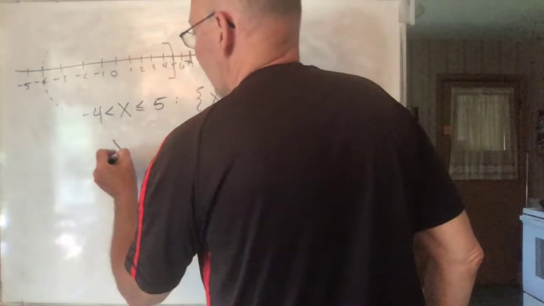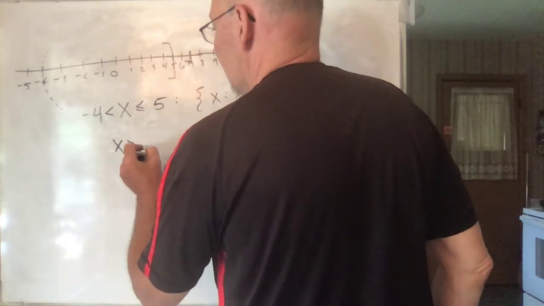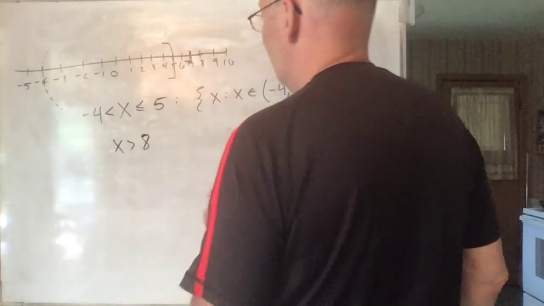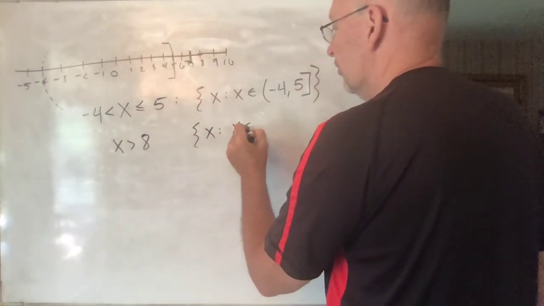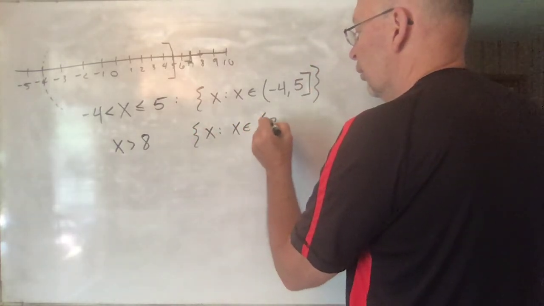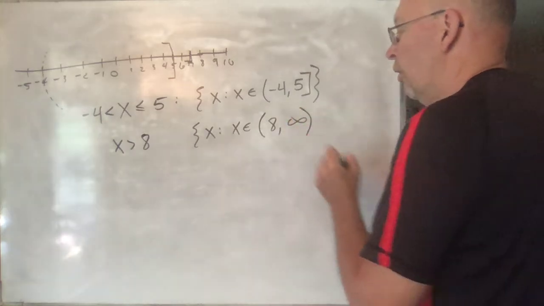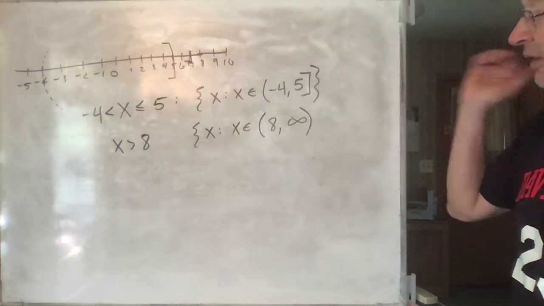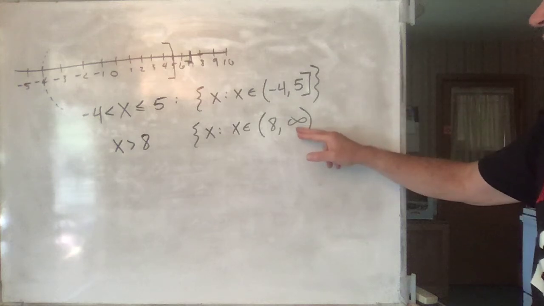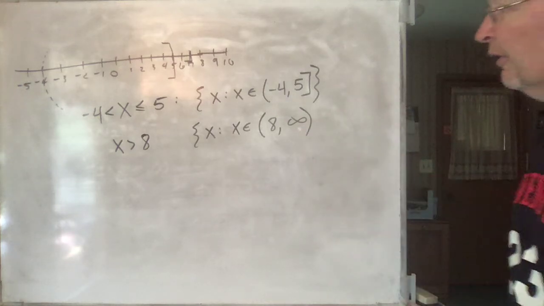If you have x is greater than 8, what does that mean? That's all the x's such that x is where? It's somewhere from 8 all the way out as far as you can go. So that's a sign that says we're going out to infinity, we're never stopping. So anything greater than that.